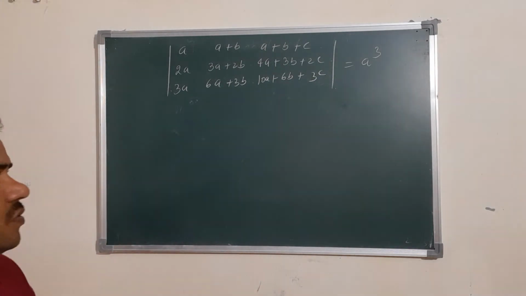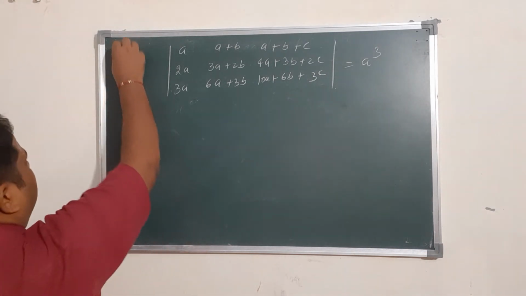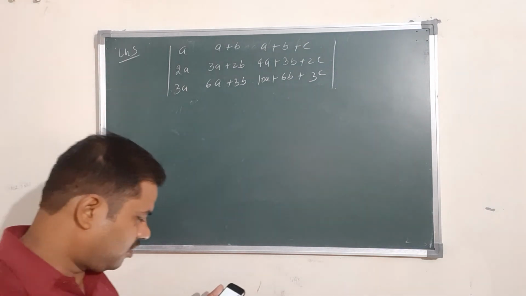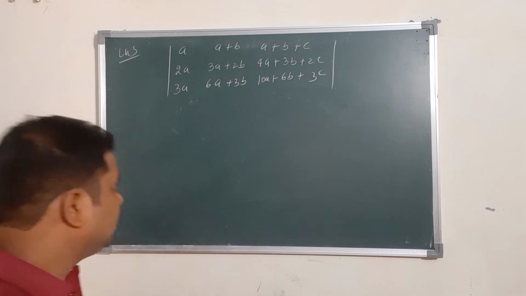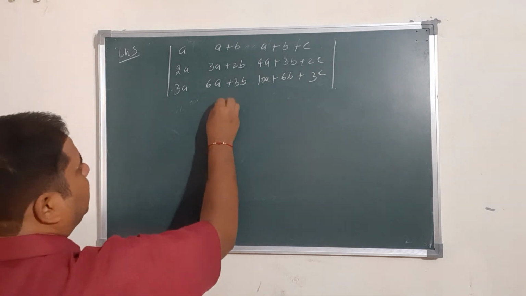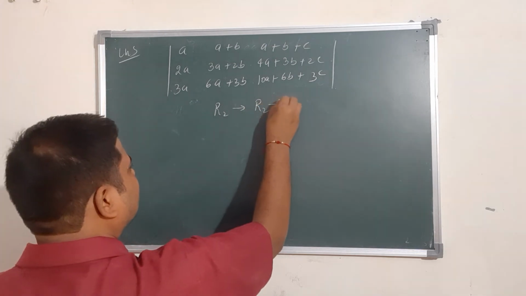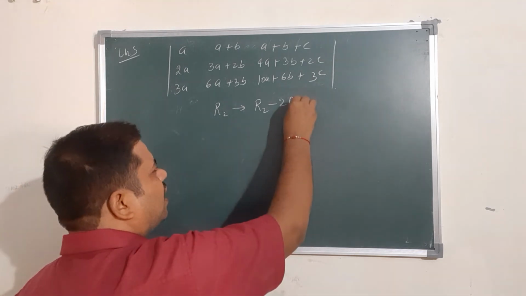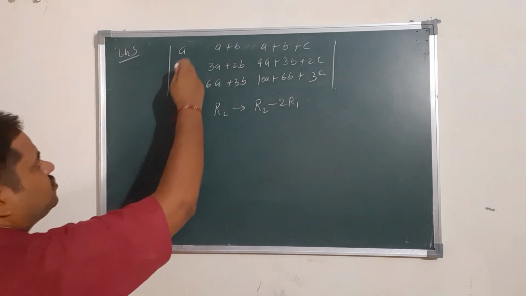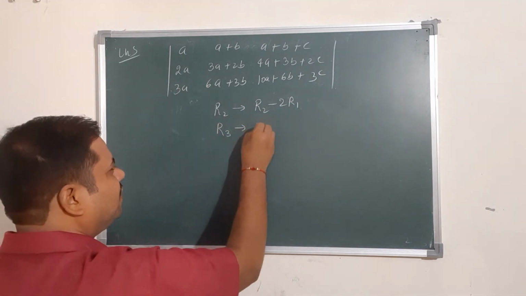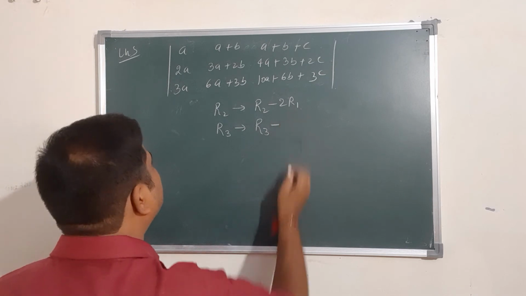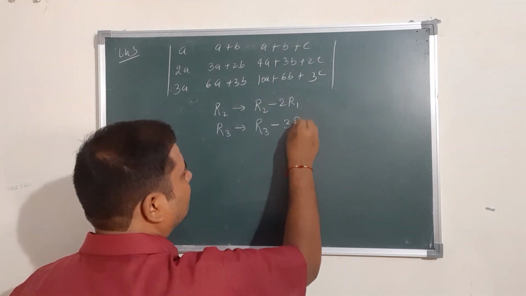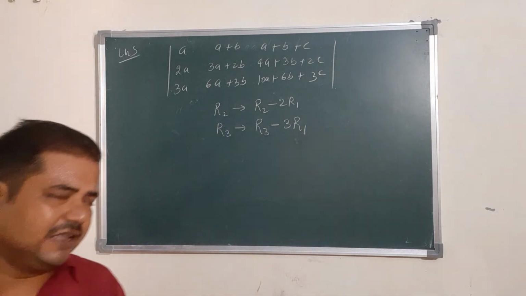So in this question, if we take LHS part and apply this particular row and column operation, at the place of R2 we write R2 minus 2R1, and at the place of R3 you apply R3 minus 3R1, then you see how easy this is.